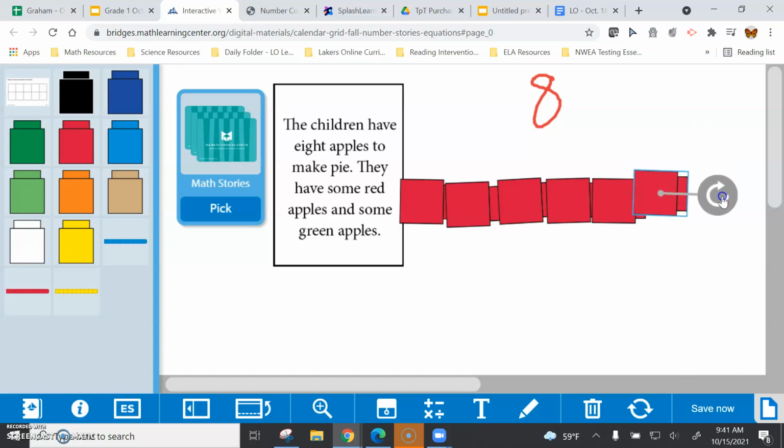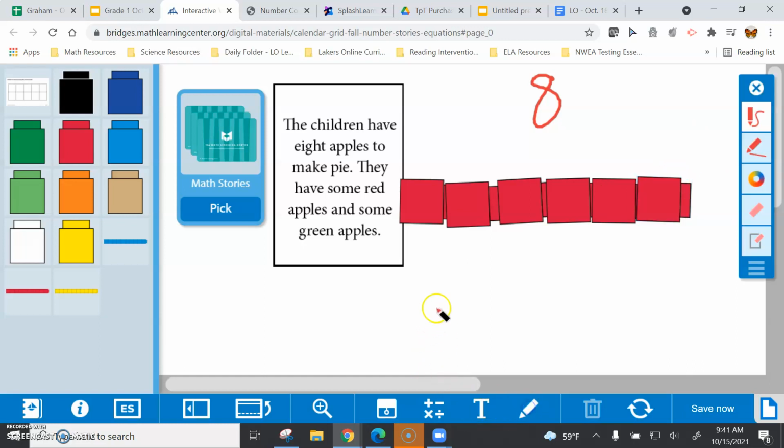We have 6 red apples. I'll put that number on the screen. 6 plus something is going to give us the number 8.